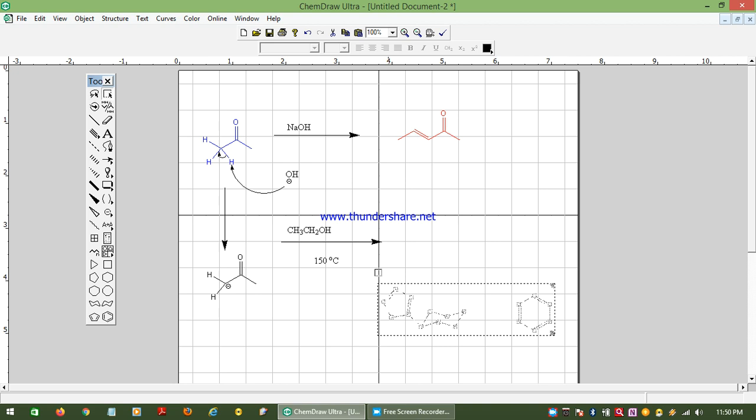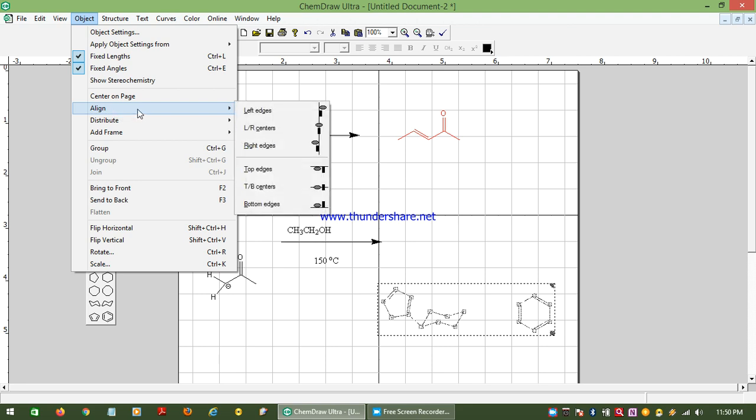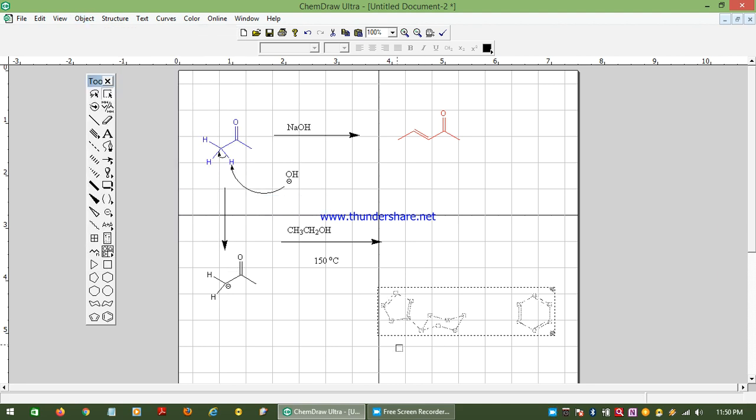We have selection of both the molecules together. You go to the object, you can have align and you get the top, center, anywhere you want to have. So if you take bottom edge, you will have the aligning of your molecules at the same bottom line.